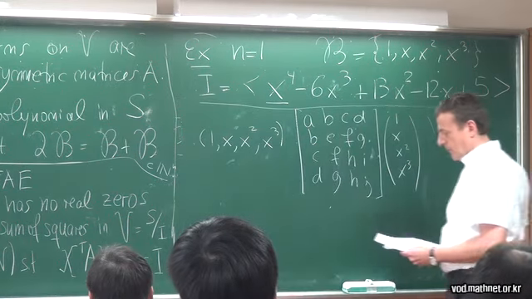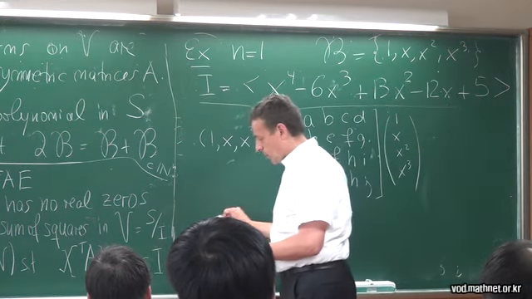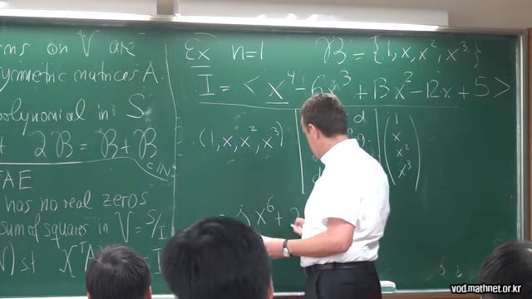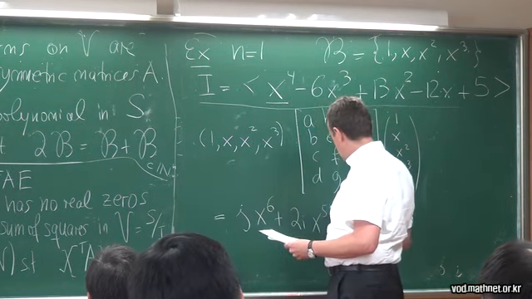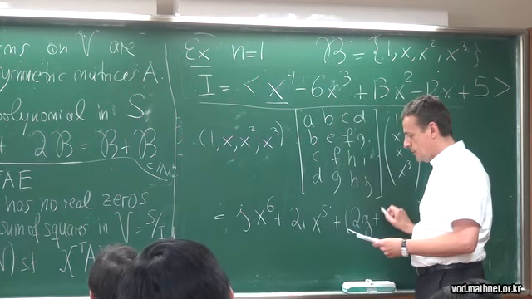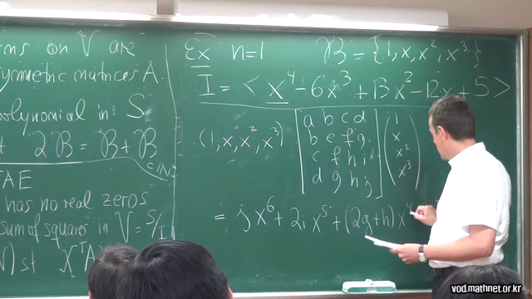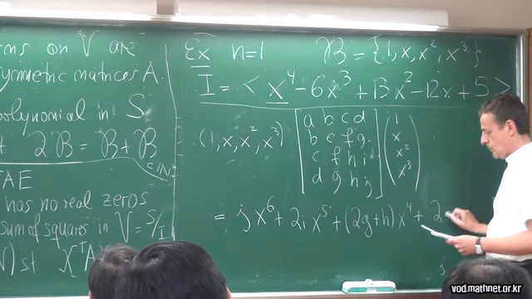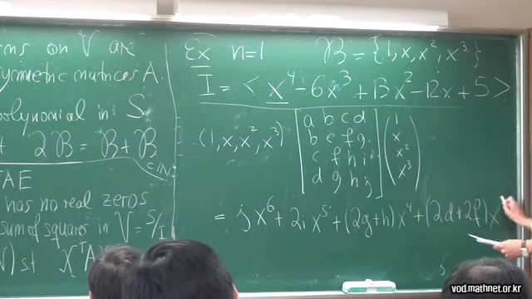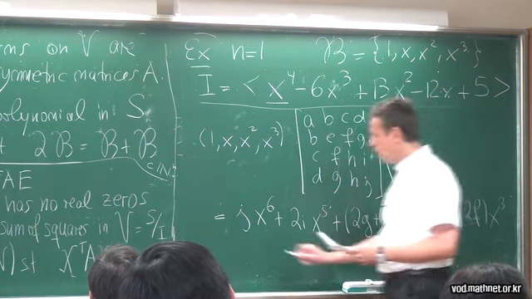Okay, so you work it out, right? So this is J x to the 6th plus 2I x to the 5th plus 2G plus H x to the 4th plus 2D plus 2F. I know this is boring, but this will help you this afternoon.